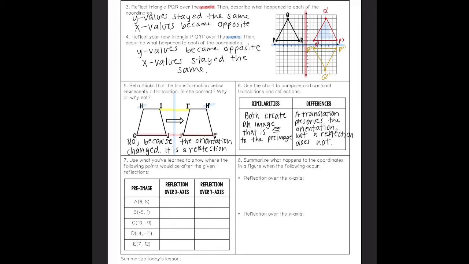Okay, so the biggest difference between a translation and a reflection is that when you translate a figure, it keeps the same orientation. When you reflect a figure, it does not keep the same orientation. The orientation changes, okay?